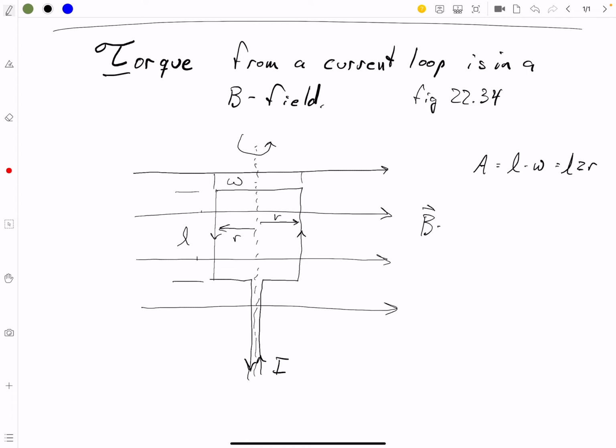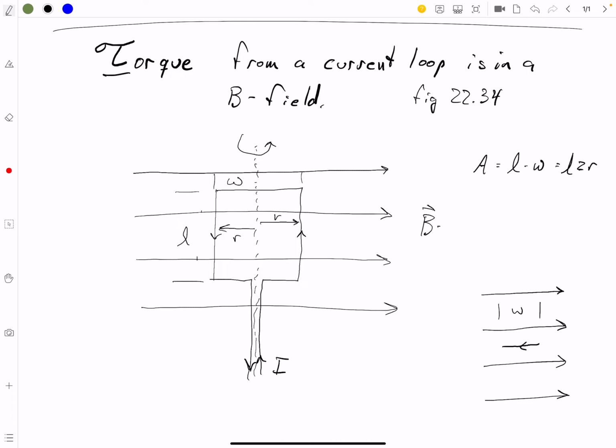All right, now that's a sideways view. And then, of course, a top-down view would look like this. The B field is still going to the right, but we're looking top-down now. So here is our loop right in the middle. This is the width of the loop. What direction is the current going?